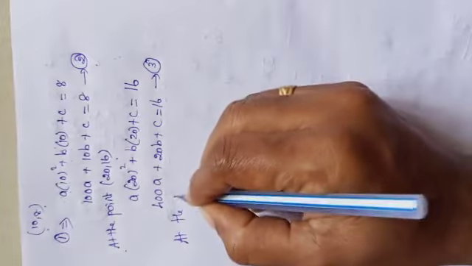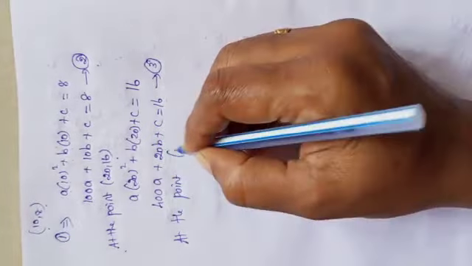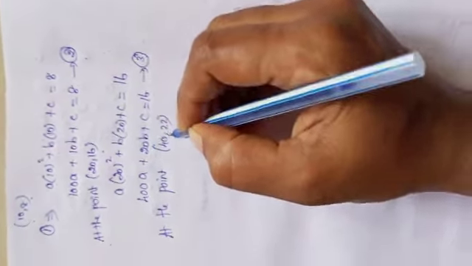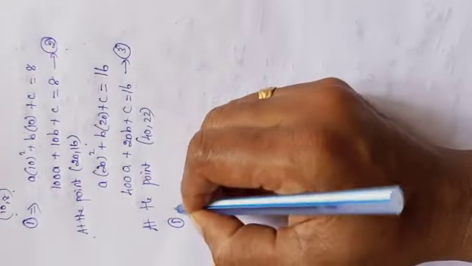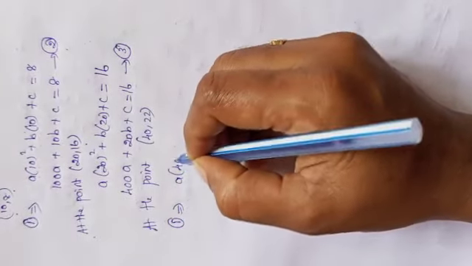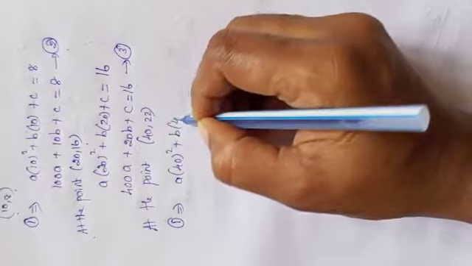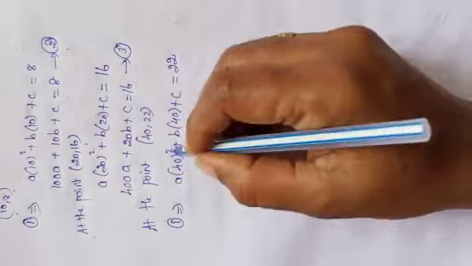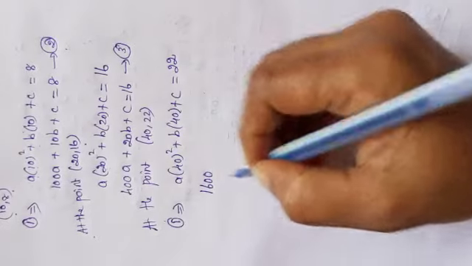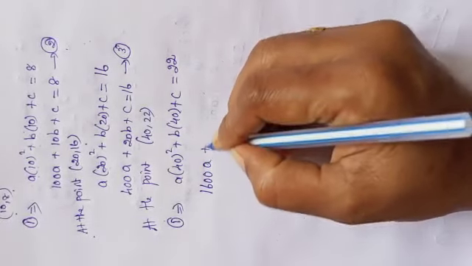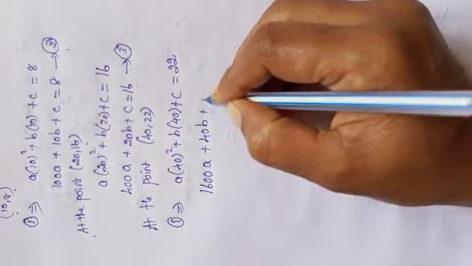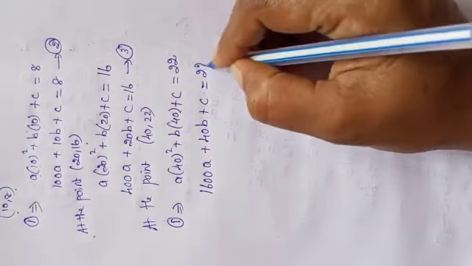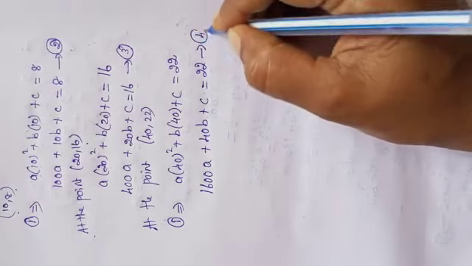Now at the point 40, 22: a into 40 squared plus b into 40 plus c is equal to 22. 40 squared is 1600, so 1600a + 40b + c = 22. This is equation number 4.